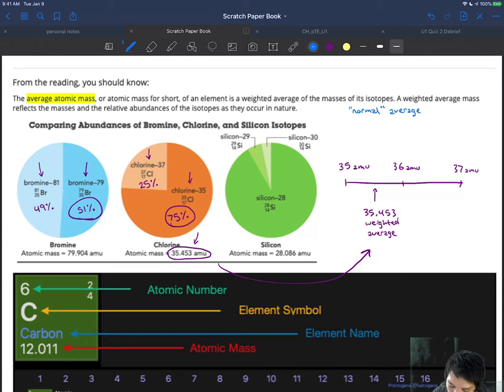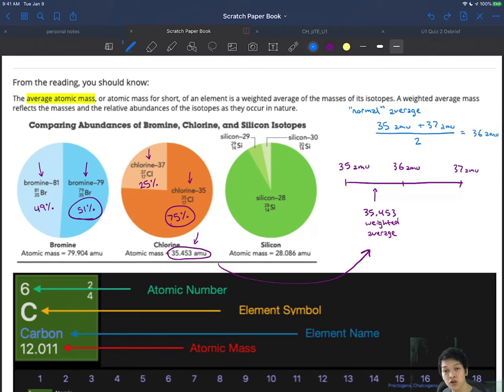There is chlorine-35 and there is chlorine-37, so you add them, and then you divide by how many of them you added. There'd be 2, since there are 2 isotopes. This gives us something right in between 35 and 37, which is 36. But this 36 is a normal average.